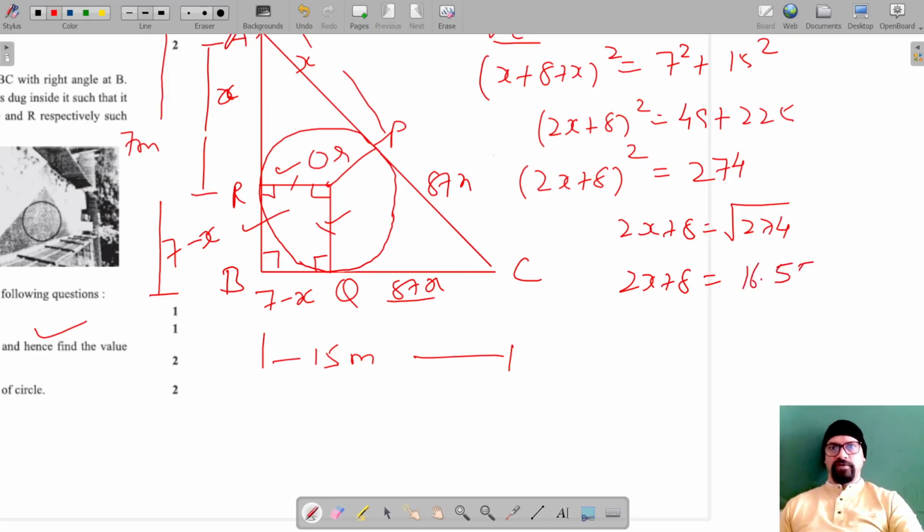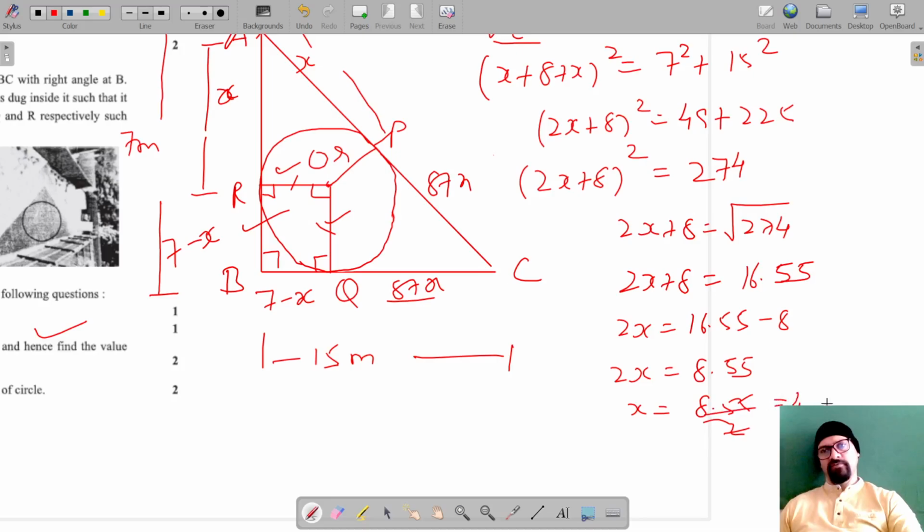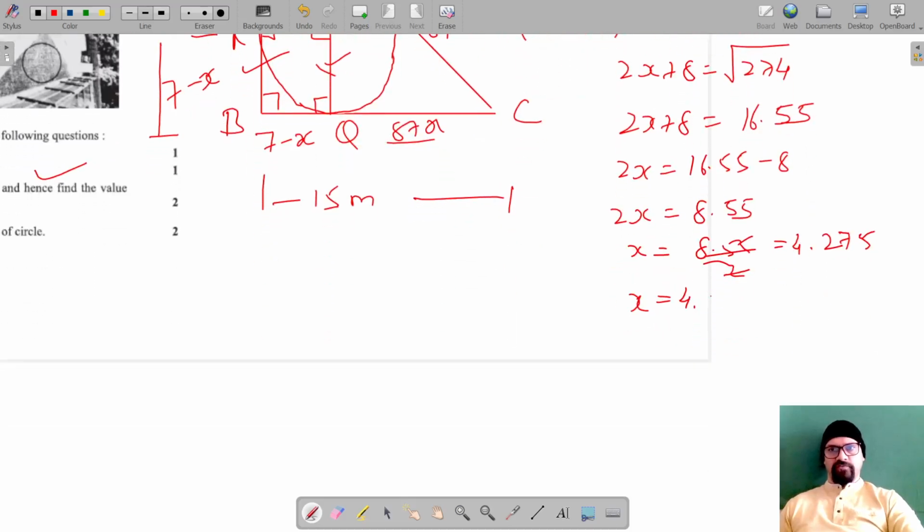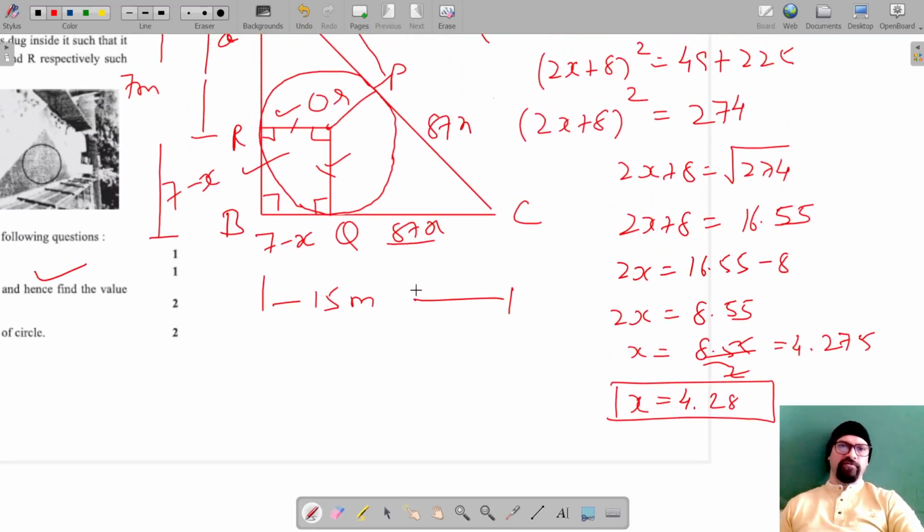So 2X is equal to 16.55 minus 8, which gives us 8.55, and X is equal to 8.55 divided by 2, which is 4.275. Correcting to two decimal places, X is 4.28.